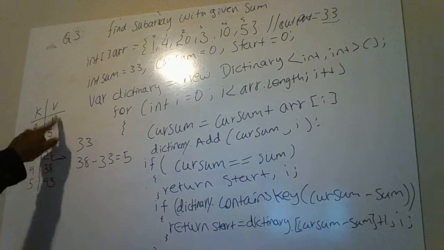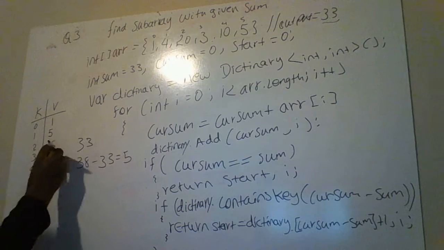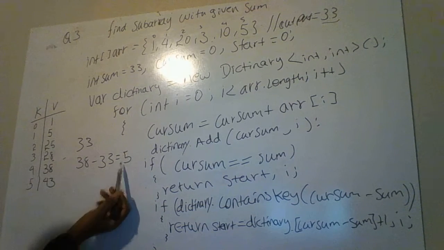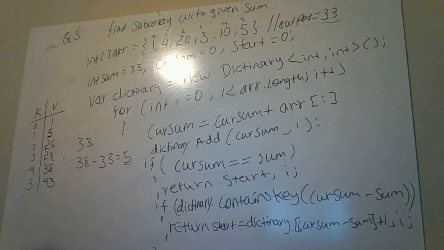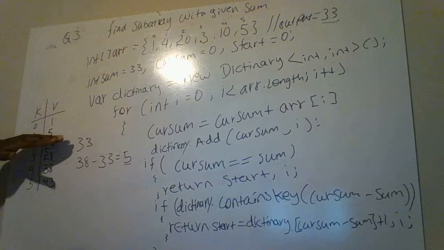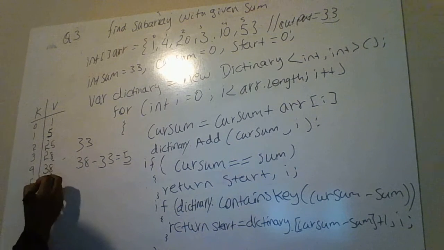And then I'm gonna check my dictionary values. Did I add 5 somewhere in my dictionary? So I'm gonna look in my dictionary to see if I have 5. So I have 5 right here. So I don't want anything that adds up to 5, because that's how much it was greater here.